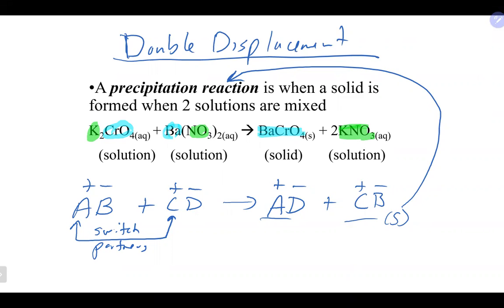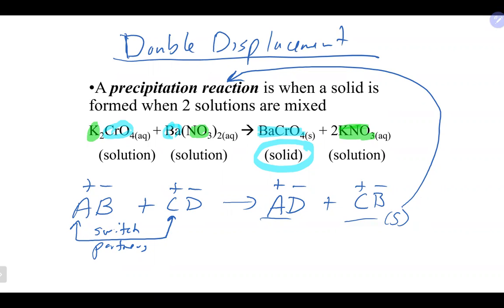Basically our two positive guys switch partners, making two new ionic compounds. And in this particular case, one of those does make a solid. So that is why it's referred to also as a precipitation reaction, because we made a solid, but it's also oftentimes classified as a double displacement reaction because the two positive ions basically swap places.